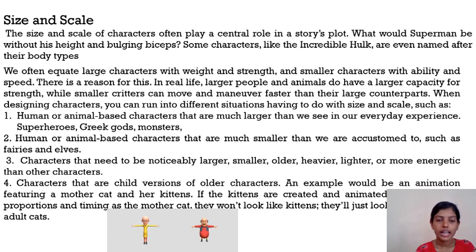Third one, characters that need to be noticeable: larger, smaller, older, heavier, lighter, or more energetic than other characters. Fourth one, characters that are child versions of older characters. An example would be an animation featuring a mother cat and her kittens. If the kittens are created and animated with the same proportions and timing as the mother cat, they won't look like kittens, they will just look like the same adult cats.